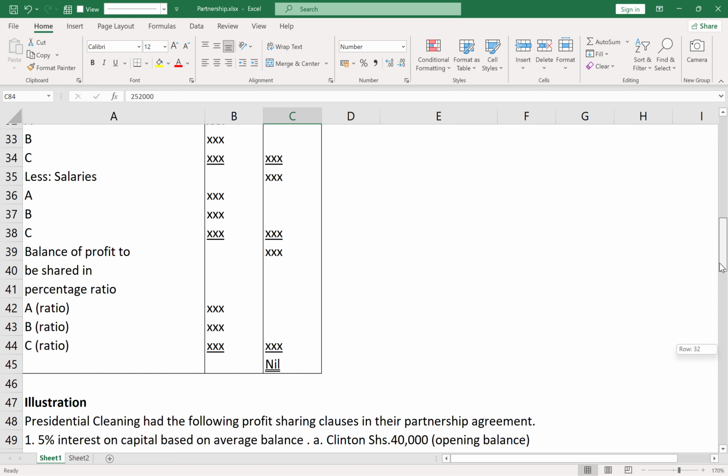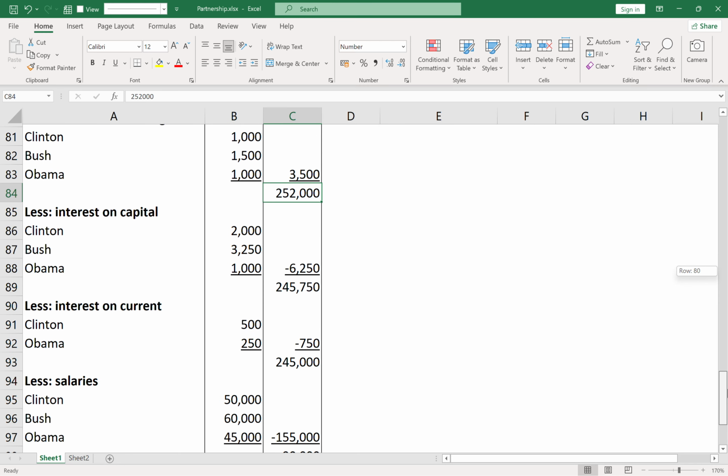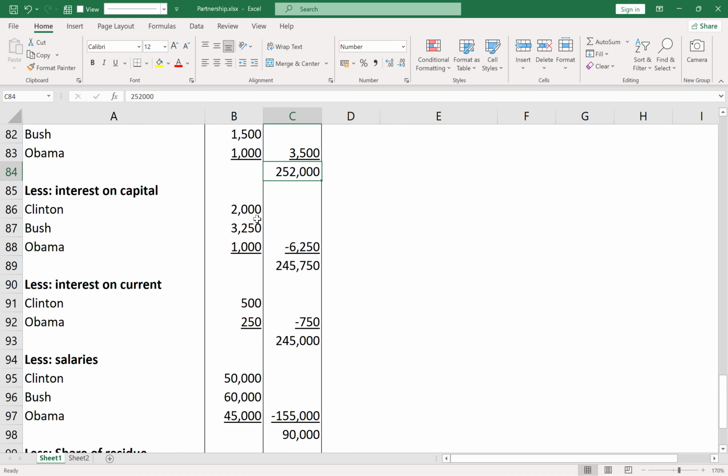Then we have the contribution for Obama, which is 20,000, which will give us 1,000. So the interest on capital is 2,000, 3,250 for Bush because he contributed 5,000 more, and 1,000 for Obama. We deduct that, which is 6,250, to get 245,750.